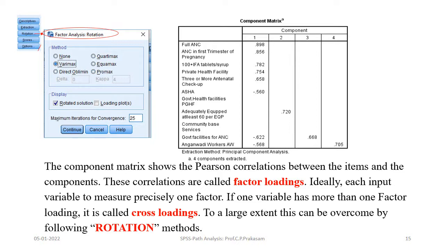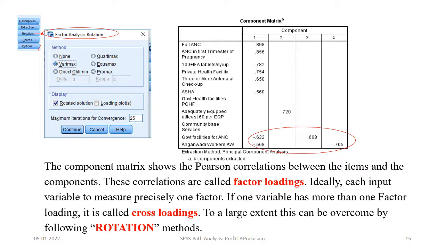From each factor, on the left side you can see the variables which are contributing and the correlation between the variables in that particular factor. But down below you can see that one or 2 variables are explaining in 3 factors.